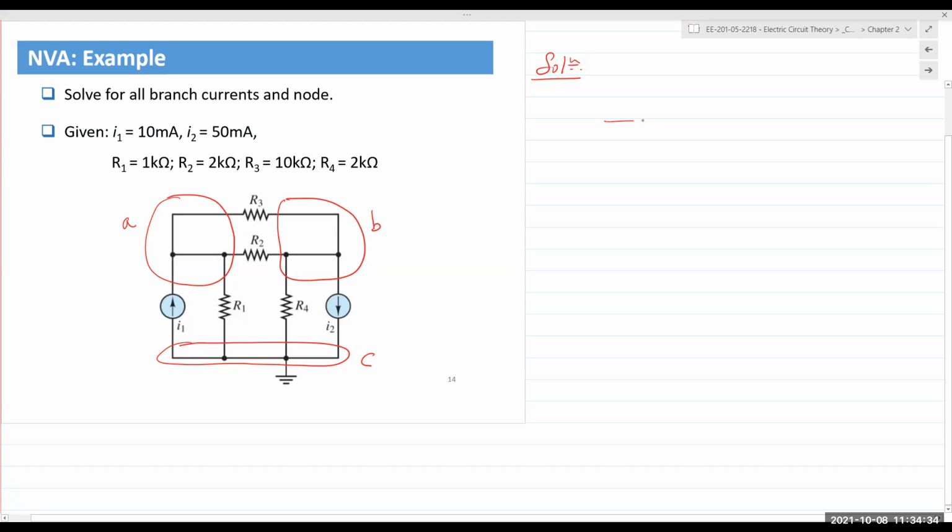This is R5, and if R5 is equal to R2 in parallel with R3, this comes out to be 166.67 ohms or 1.667 kilo ohms. All the resistor values are given to us. The values of the current sources are also given to us.